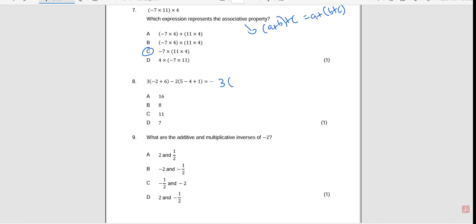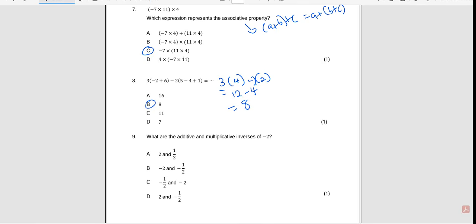Negative 2 plus 6 is 4. Minus, I'll put 2 outside. 5 minus 4 is 1, plus 1 is going to give me 2. And then it's 12 minus 4, and the answer is 8.